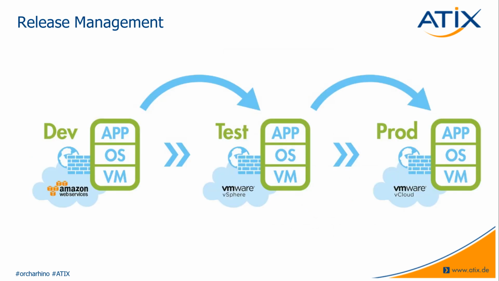It would be better to be able to define some kind of release cycle, for example, by defining a test, a production, and a development environment, where you can provide a detailed, let's call it, snapshot in time of the software you want to deploy.